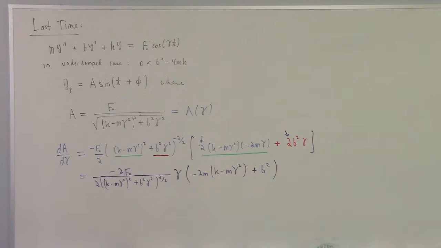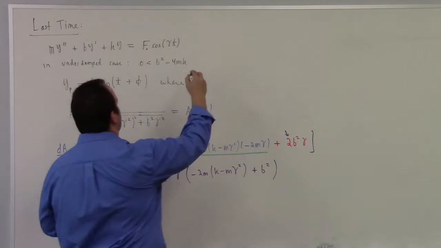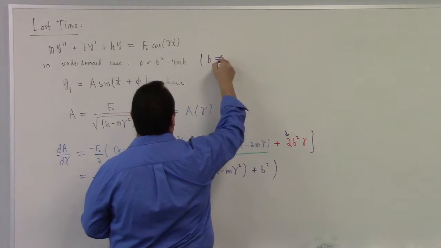This solution would have trouble there. But that's not possible because we're assuming we're in the underdamped case, where 0 is less than b squared minus 4mk. Anyway, we are assuming that b is not equal to 0.